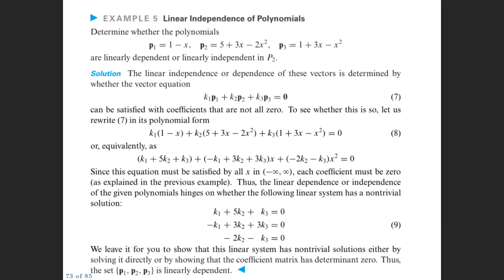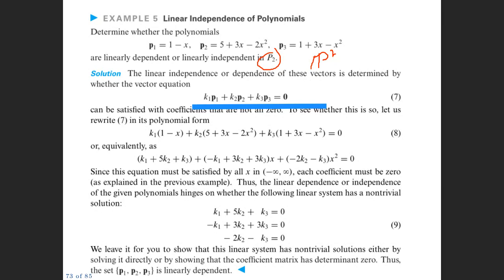Another example from the textbook. Determine whether these polynomials are linearly dependent or linearly independent in P2. P subscript 2, I would write this as bold or double-bolded P to the power 2. Again, we need to start with the equation k1 p1 plus k2 p2 plus k3 p3 equal to 0. Then we need to say how many solutions there are to this equation. Is it only the trivial solution, or are there other solutions?